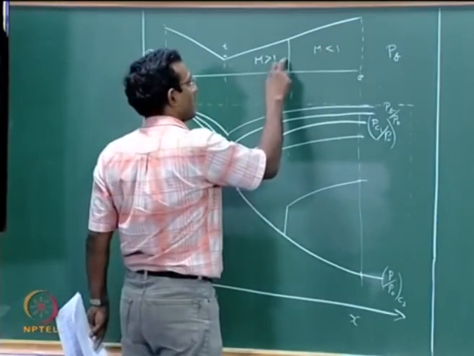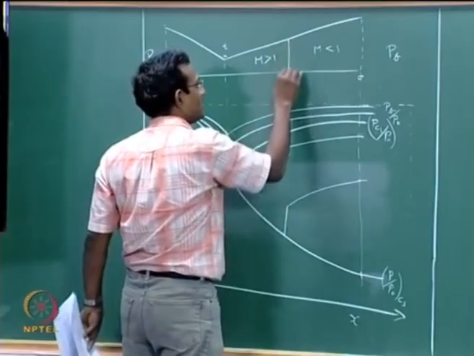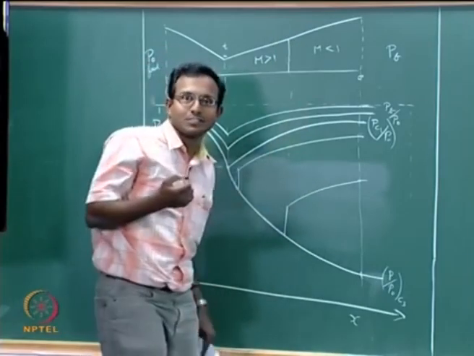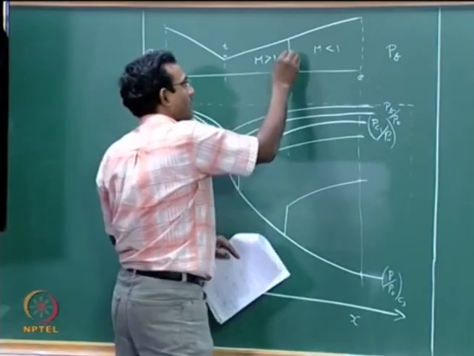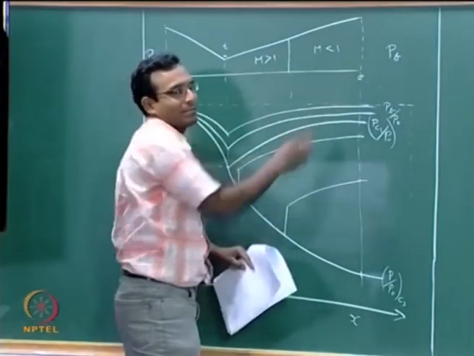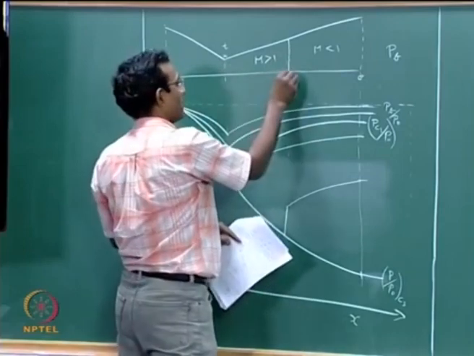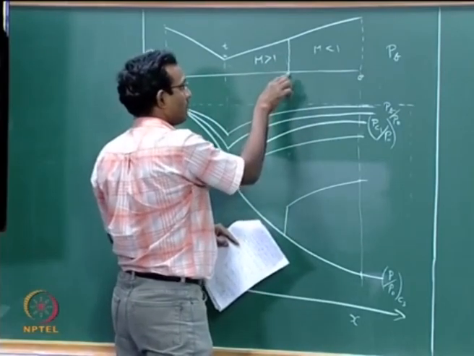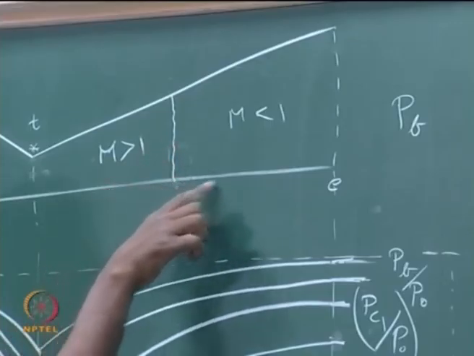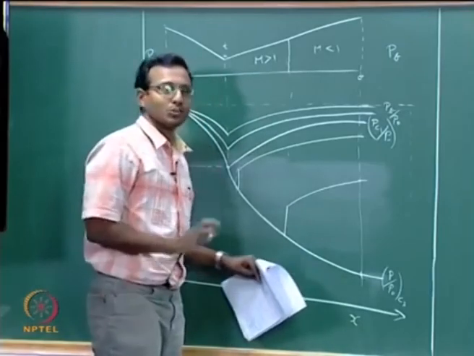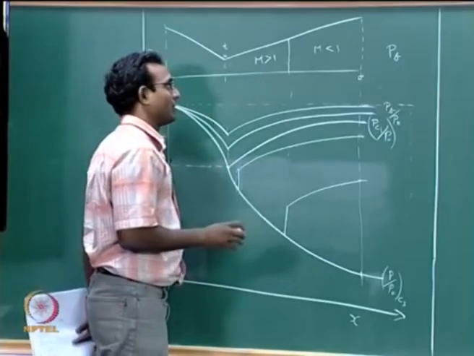At this location it is non-isentropic, only this one spot. We already discussed that the shock is a very thin layer, and we will assume that it is a point change in my full x dimension. So up to this point the flow is supersonic, at this point it jumps from supersonic to subsonic, and from this point on it is subsonic. That is how we will deal with this problem, simple enough.